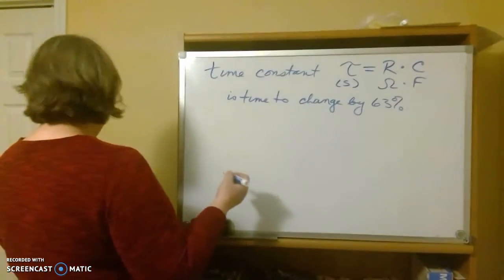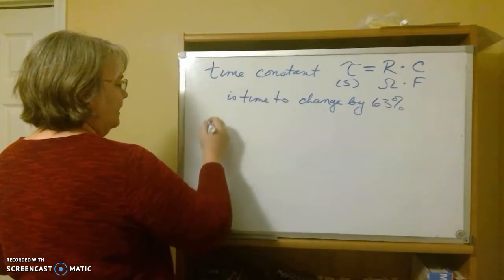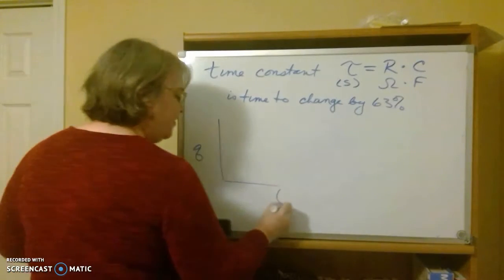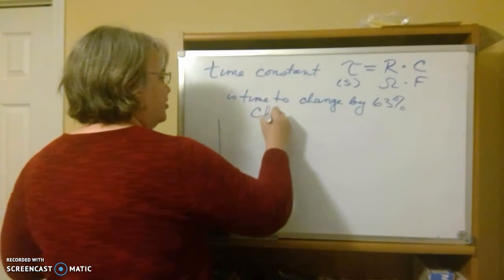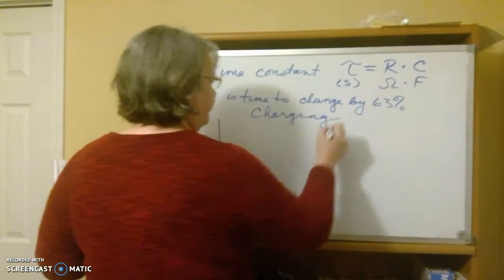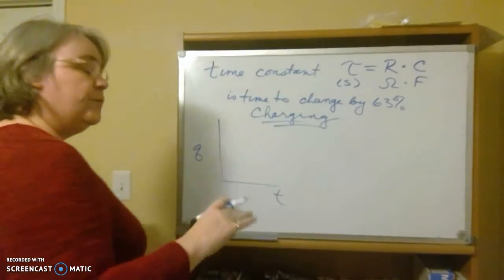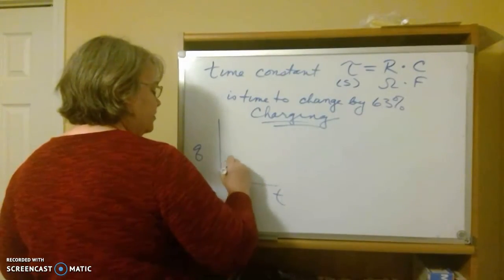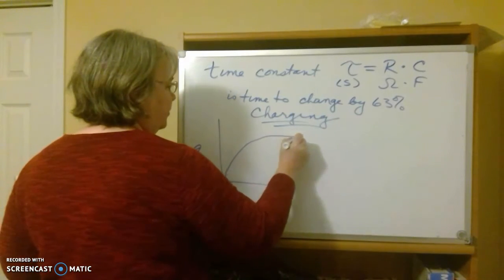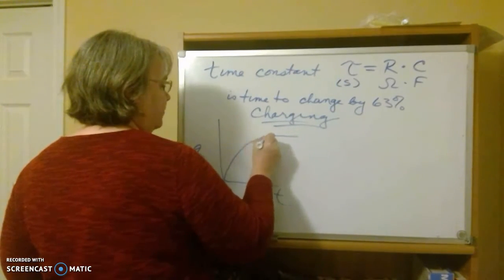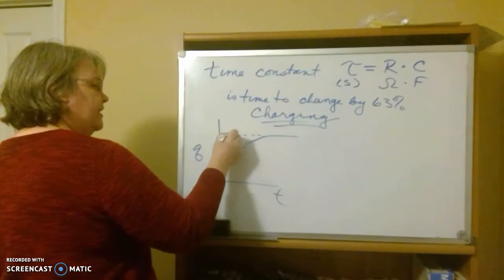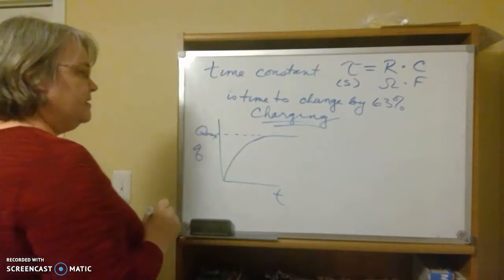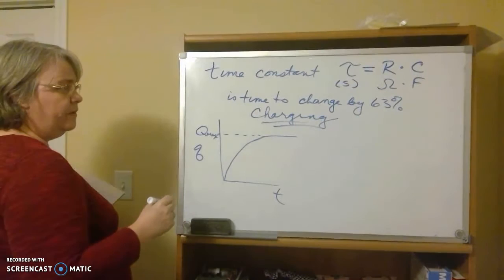Okay, and so if we look at how charge changes with time in a charging circuit, starting with no charge and filling up, it fills up quickly at first, and then as it gets fuller and fuller, it eventually levels off, okay? And the place where it levels off is our Q max, that is equal to VC.